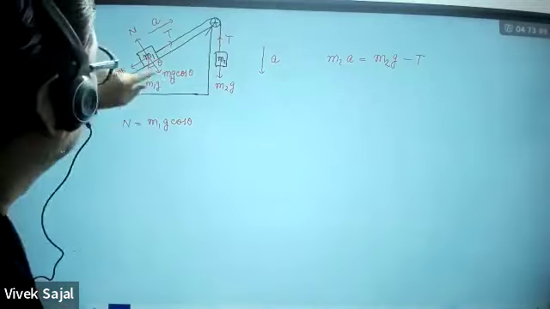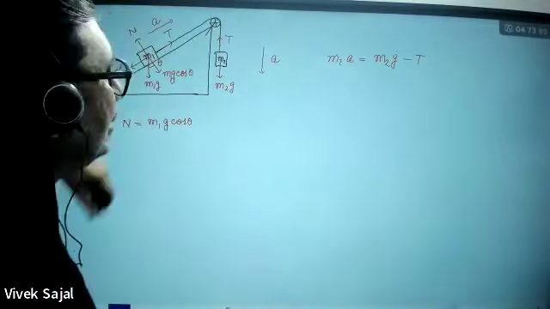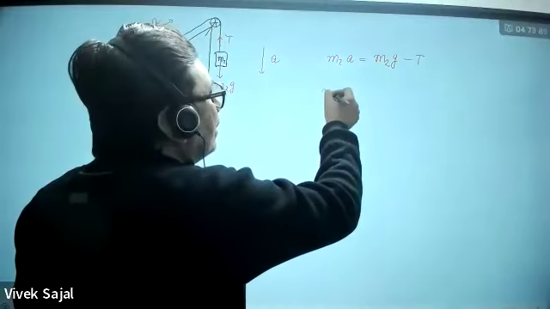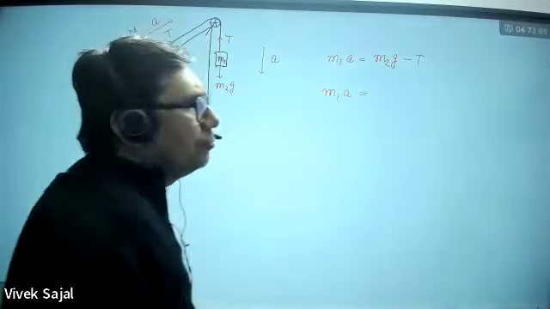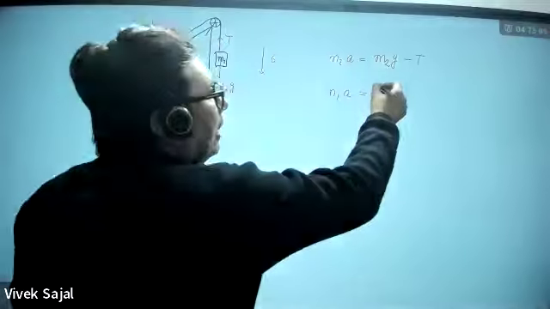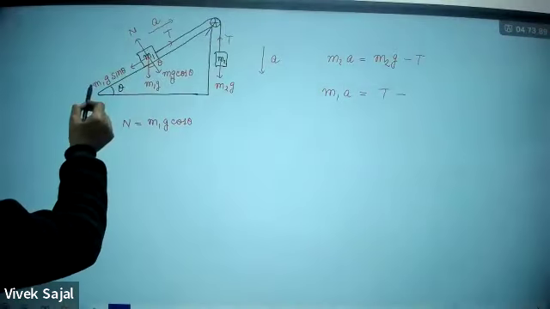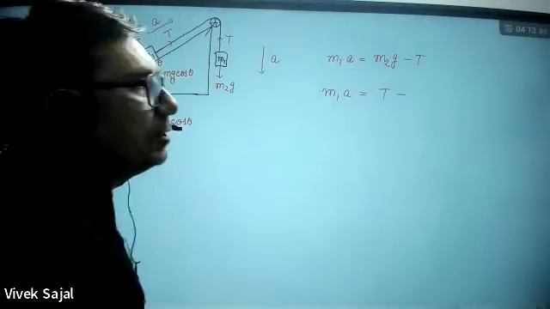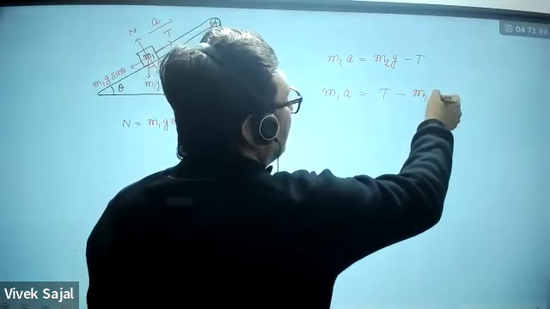What will be the equation for this acceleration? Acceleration in the block of mass M1: this will be M1 into a. Who is causing acceleration? This tension T. And who is opposing this motion? This M1g sin theta. It is in the opposite direction. So this is T minus M1g sin theta.